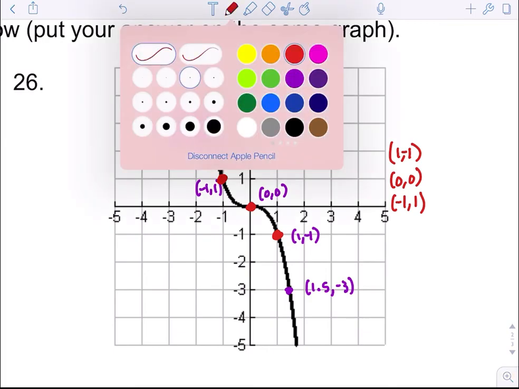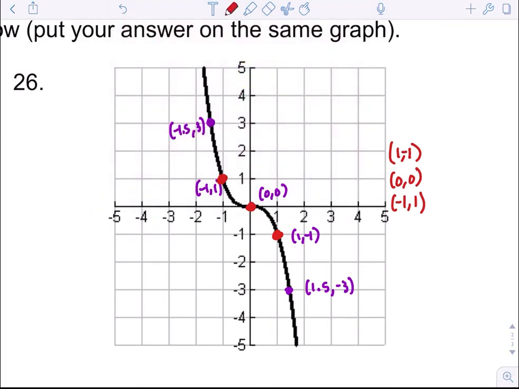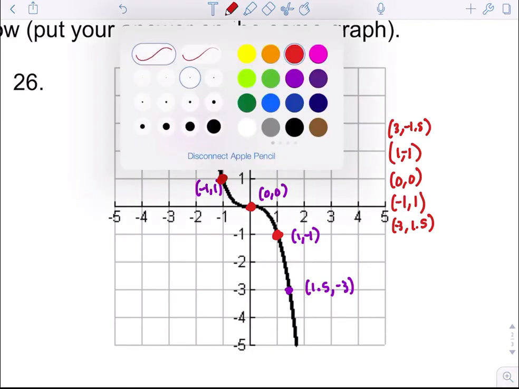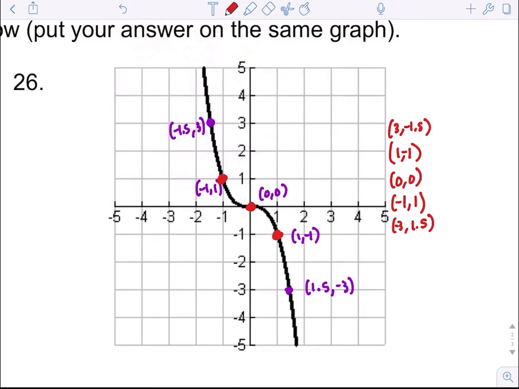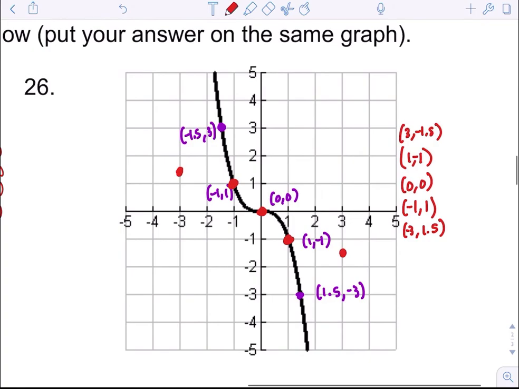So if I made coordinates for those, it would have been 3 comma negative 1.5 and negative 3 comma 1.5. Let's see if that makes a difference. So 3 comma negative 1.5. Oh yeah, it does. And negative 3 comma 1.5. So my graph is going to look something like this.